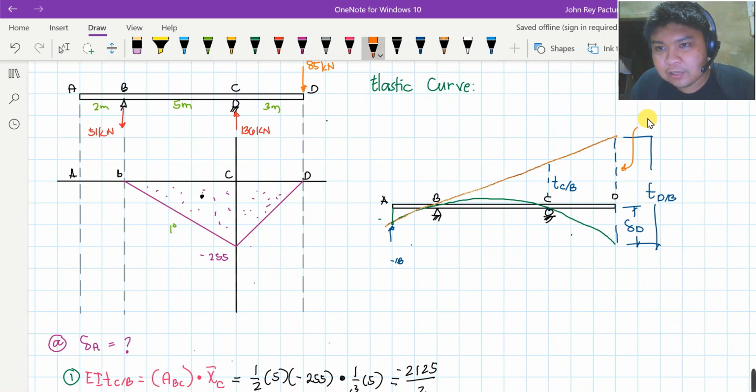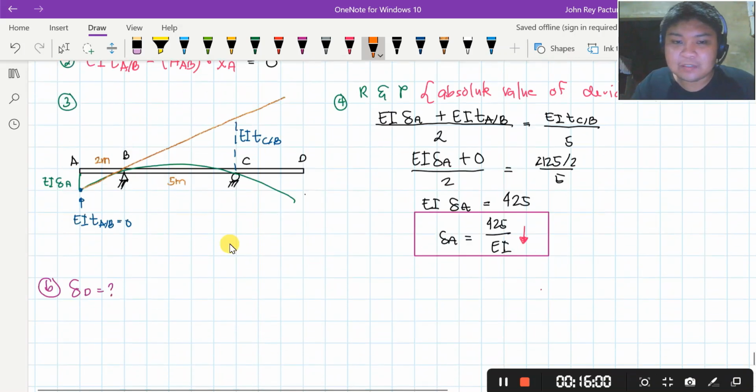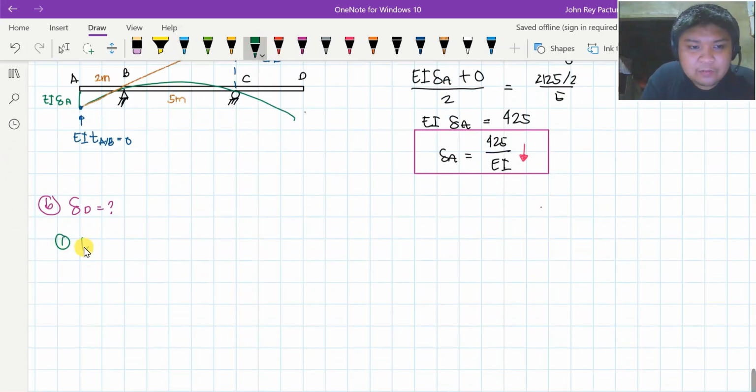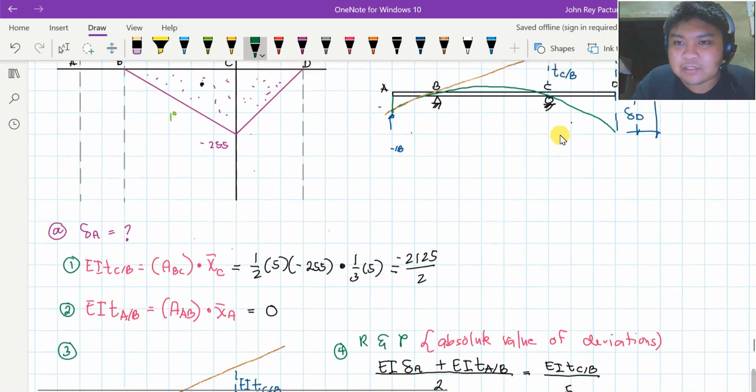Kasi itong specific length na to ay magiging deviation of D with respect to B minus deflection at D. So, of course, mavivisualize mo nga siya using the diagram for the elastic curve, no, para mas madali siya. So, ang concern natin, dalawang deviation ulit, deviation of C with respect sa B and the deviation of D with respect sa B. Pero yung una, class, na-compute na natin na mali nga ako. So, for step 1, the EI deviation of C with respect sa B is equal to negative 2125 over 2, which is expected nga kasi nga nasa baba siya.